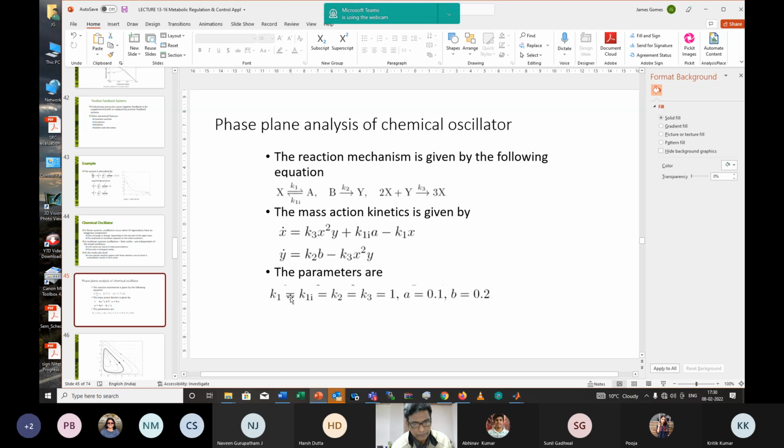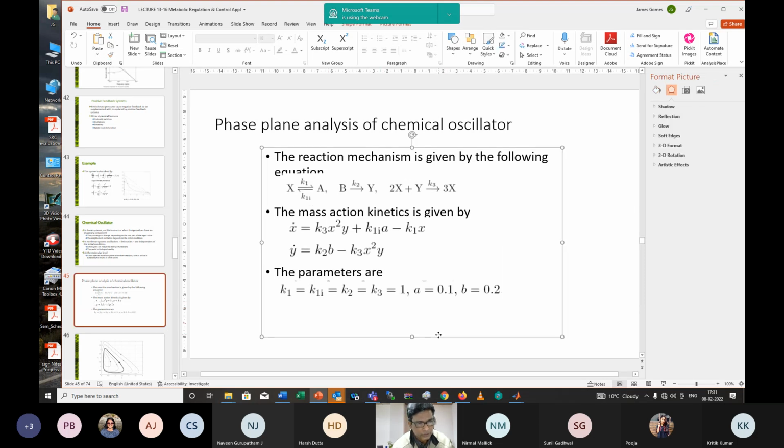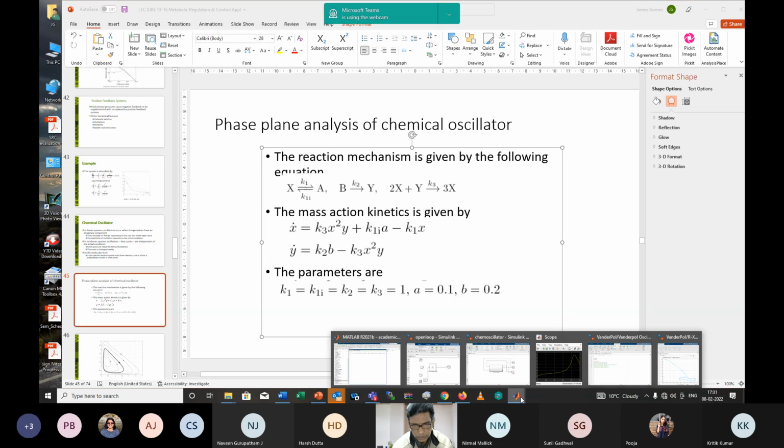And similarly, you can look at Y. It is being synthesized by this reaction, and it is getting removed by this reaction. So you get those. And some parameters which are used in dimensionless form, just to illustrate, are taken as, set all this to 1, set this to 0.1 and 0.2 and see what happens. And so I'm going to show you how to use this in MATLAB.